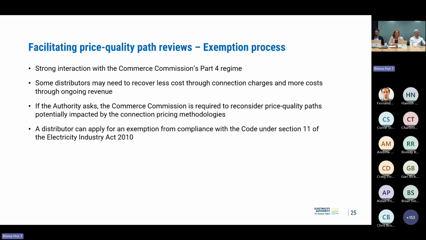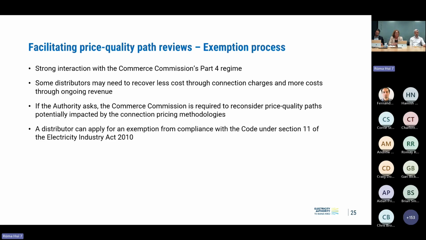Distributors have the option of applying for an exemption from compliance with the code under section 11 of the Act. The exemption process provides the opportunity for price-regulated distributors to work through the adequacy of their revenue allowances with the Commission. The authority has considered the risk that changes to capital contributions could increase the financeability challenges distributors have highlighted.